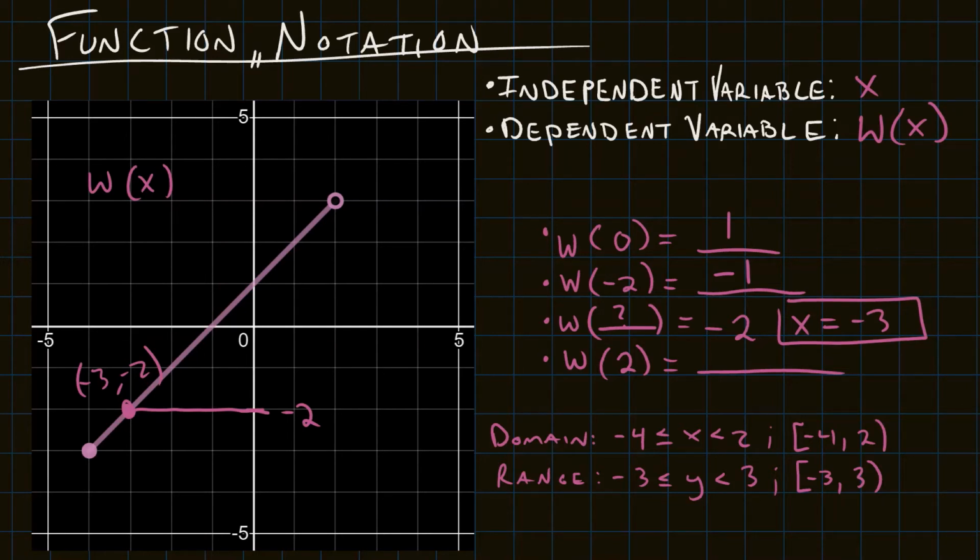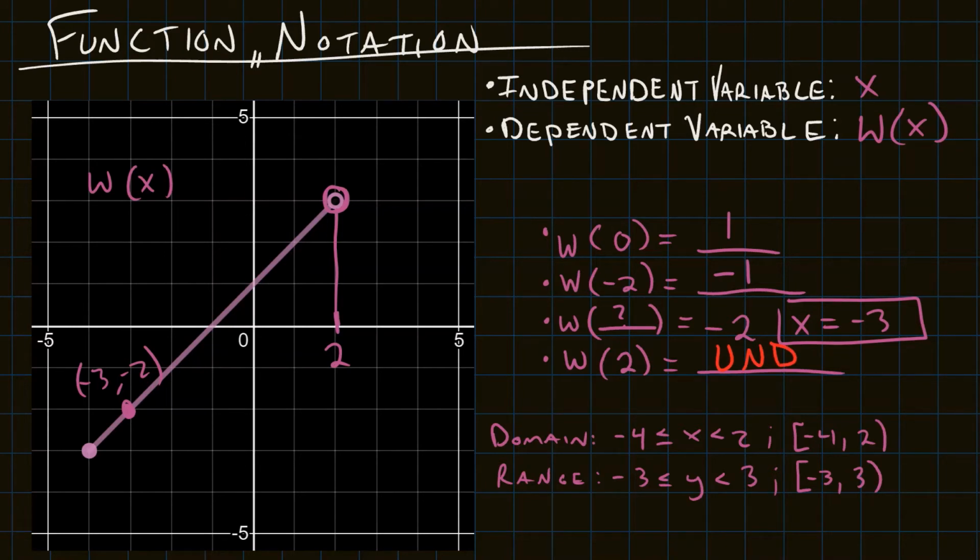So now let's try to evaluate this function, w of x, at x equals 2. I'm going to look at 2 on the x-axis, and I will notice that I have what we call an open point, an excluded point. So if you recall from our video on domain and range, excluded points are not a part of the domain, and therefore we consider this to be undefined.